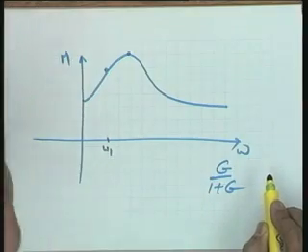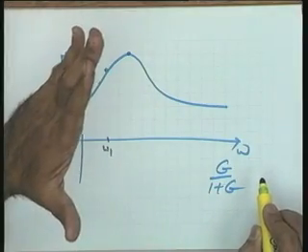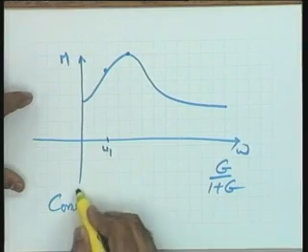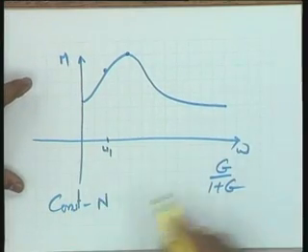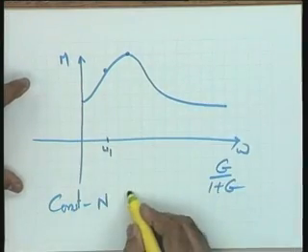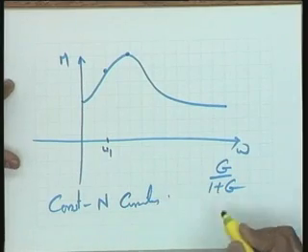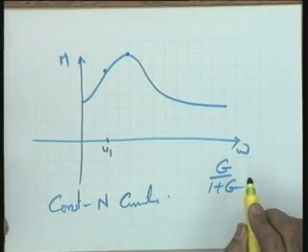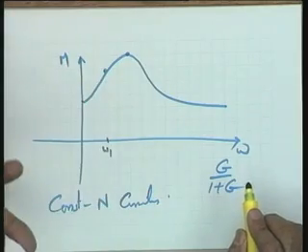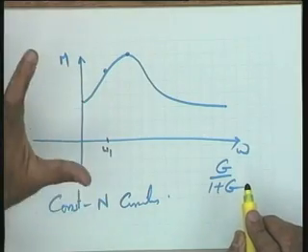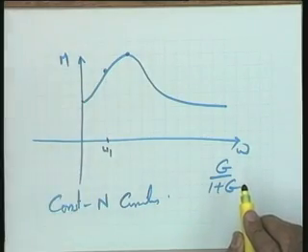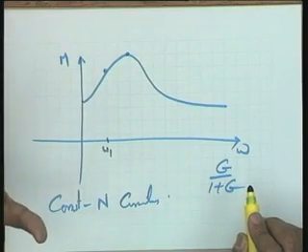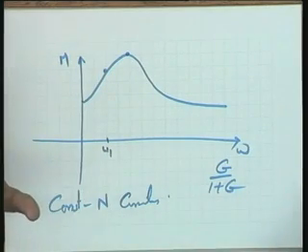You can make the phase angle sketch by doing this type of exercise, and the equivalent exercise in the literature, if you read or from your textbook, you will find it is constant N circles, N standing for tan alpha, where alpha is the phase angle. So, you get constant N circles, and from the constant N circles you are able to get the phase angle of the closed loop system from the open loop frequency response data for different values of omega.